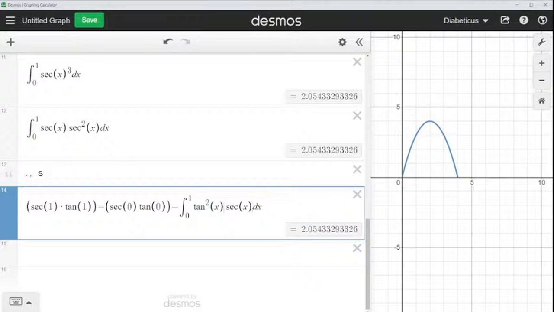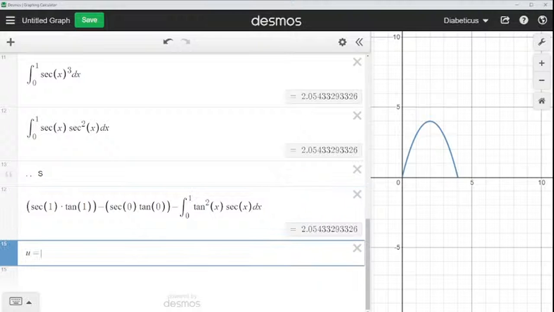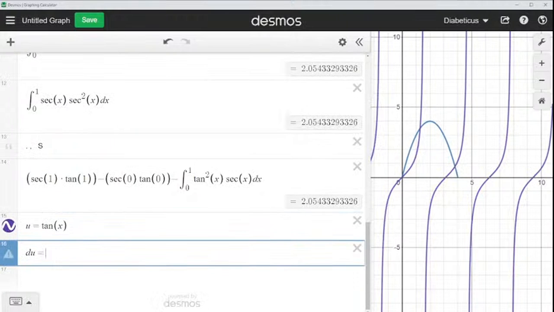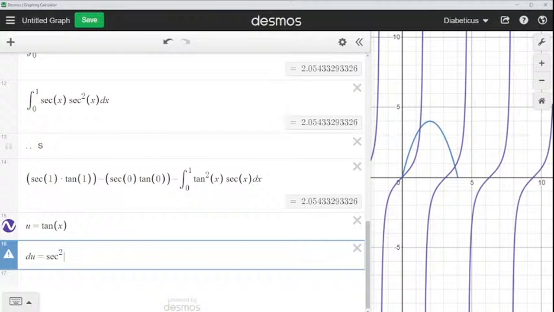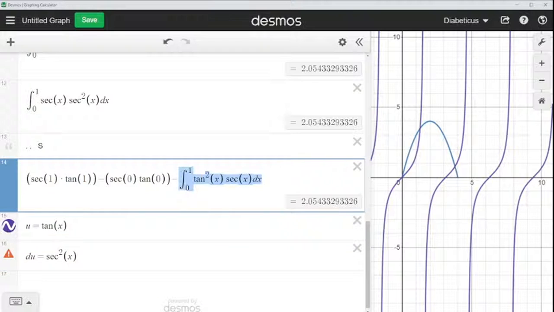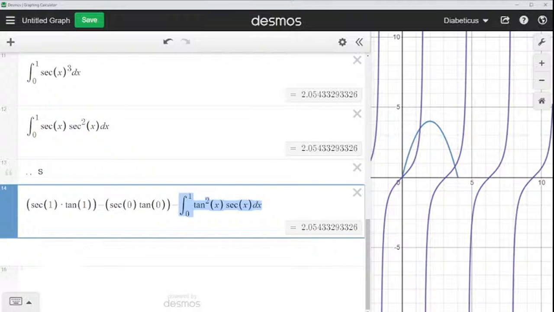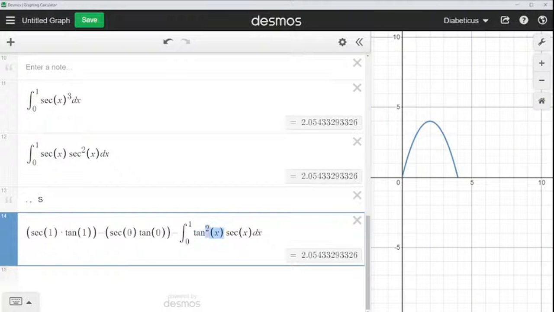Okay, let u equal tangent of x. Then du is secant squared x. Let's see what that is. Actually, hold on. Scrap that. What if I do this?